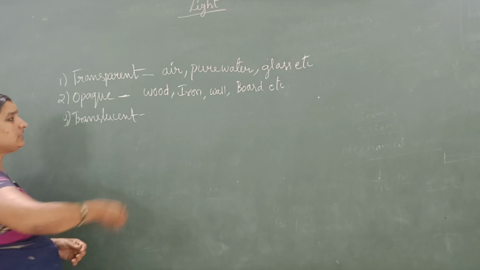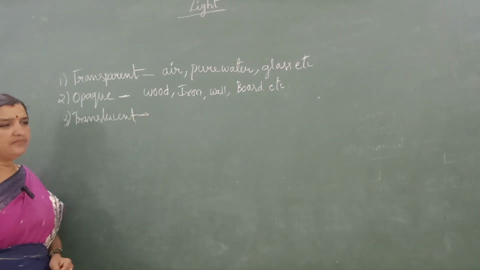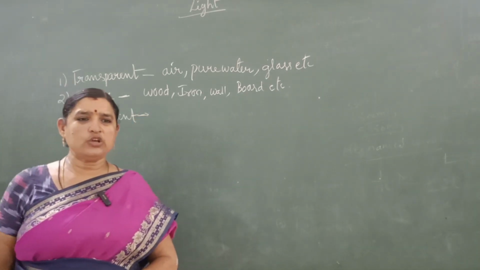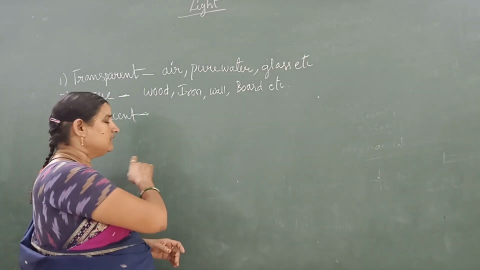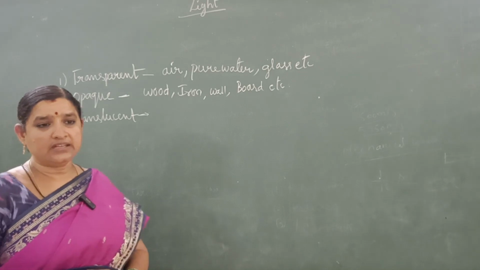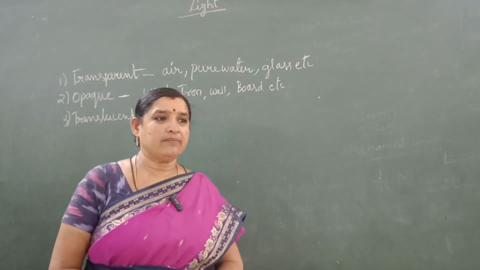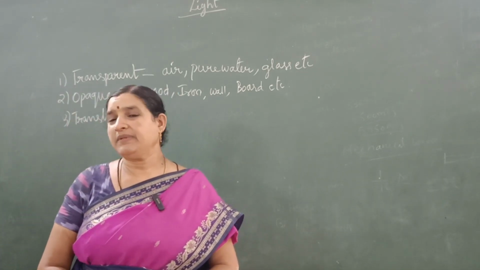Next, translucent material. The materials which allow light to pass through them partially are called translucent materials.